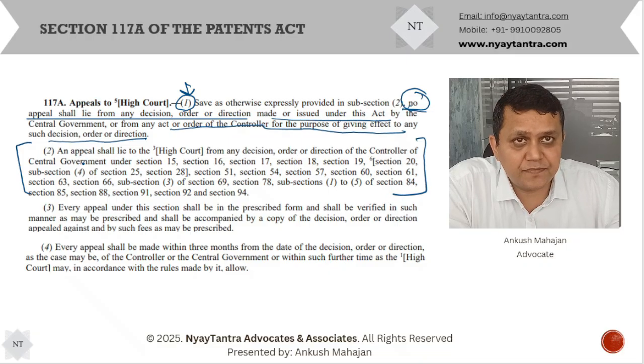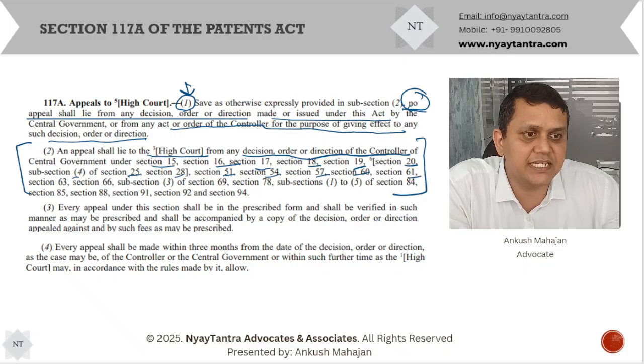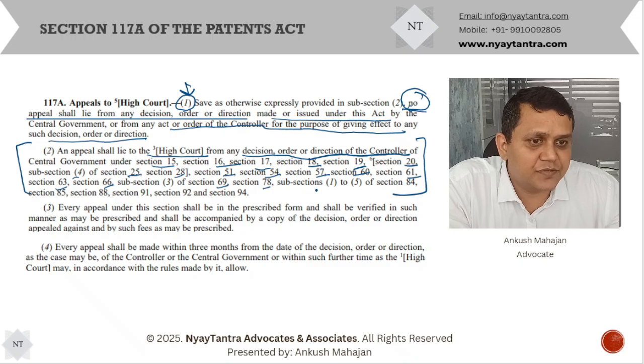What does subsection 2 state? An appeal shall lie to the High Court from any decision, order or direction of the Controller of the Central Government under sections 15, 16, 17, 18, 19, section 20, subsection 4 of section 25, 28, 51, 54, 57, 60, 61, 63, 66, subsection 3 of section 69, 78, subsections 1 to 5 of section 84, 85, 88, 91, 92 and 94.